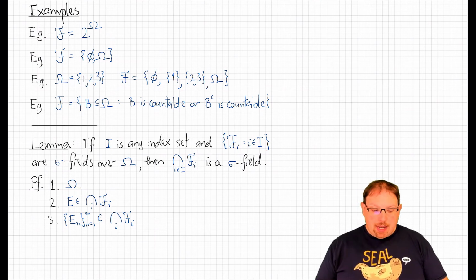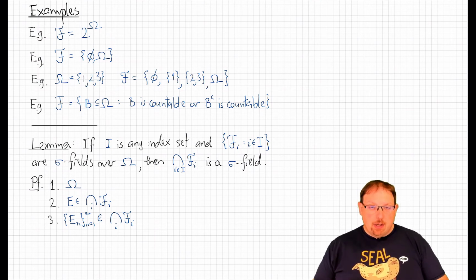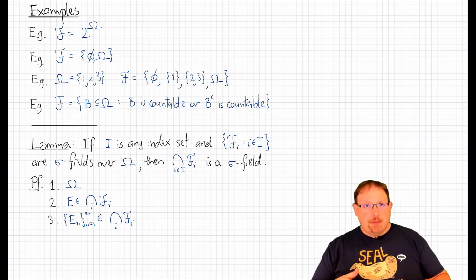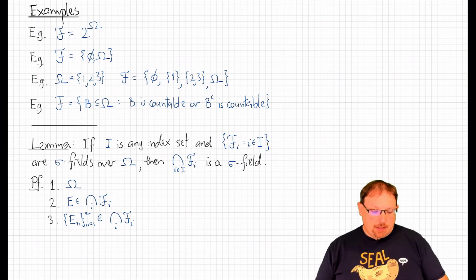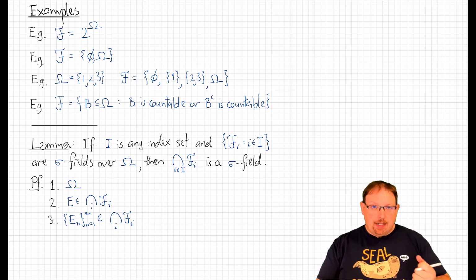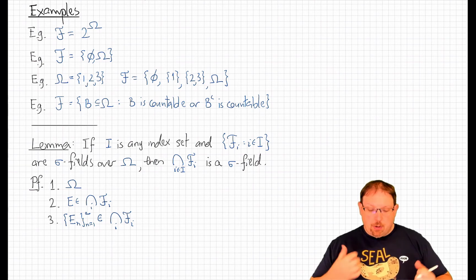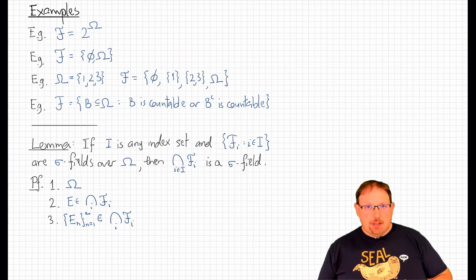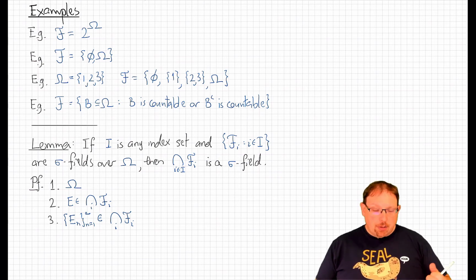But once we do that, it turns out that this set is closed under countable unions. Why is that? Well, let's think about finite unions for a moment. Suppose that I take two sets that are either countable or co-countable. If I take two countable sets, their union is of course countable.